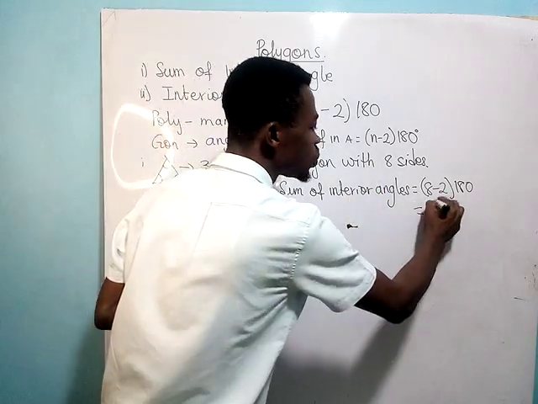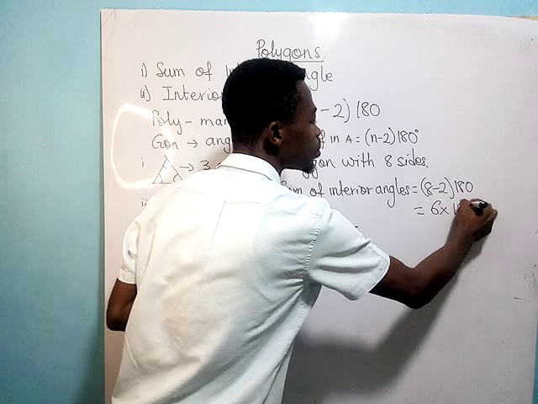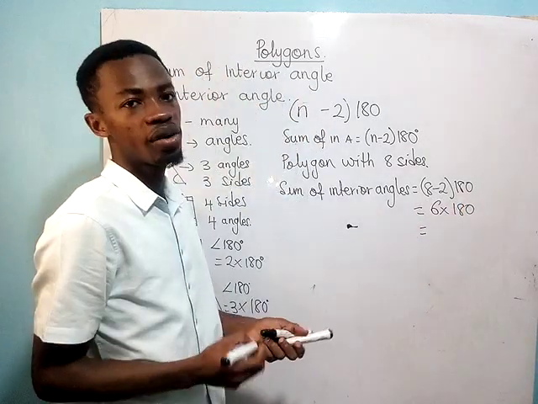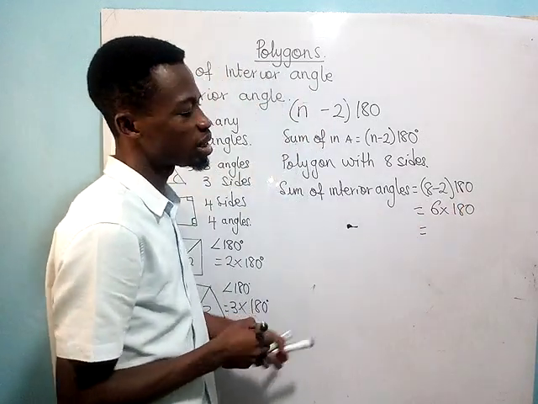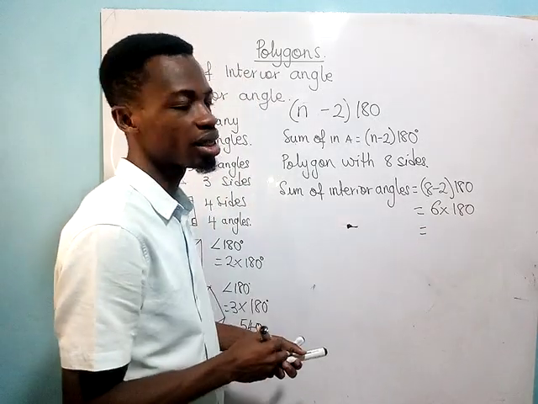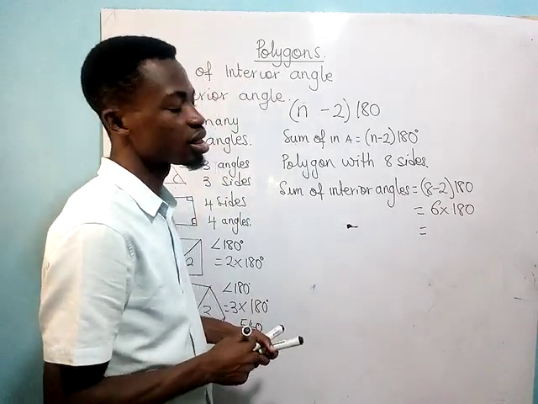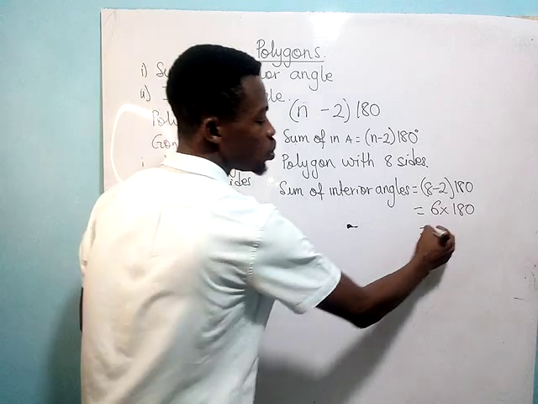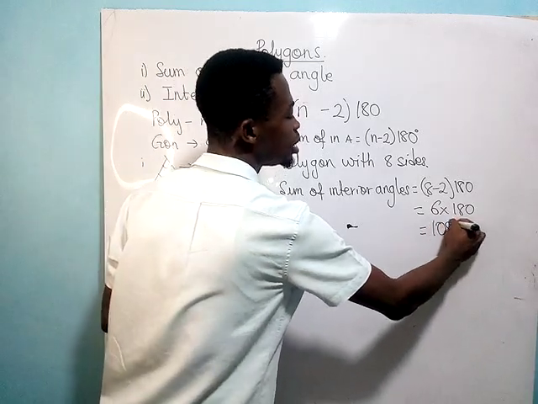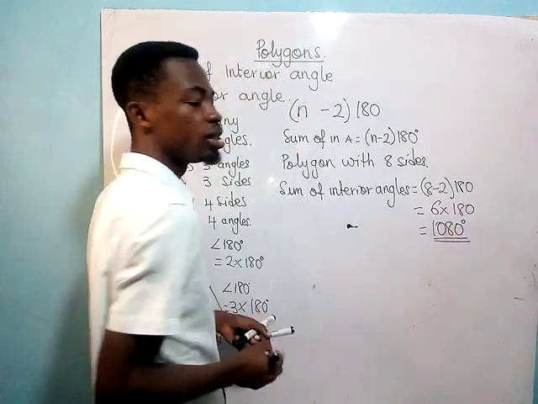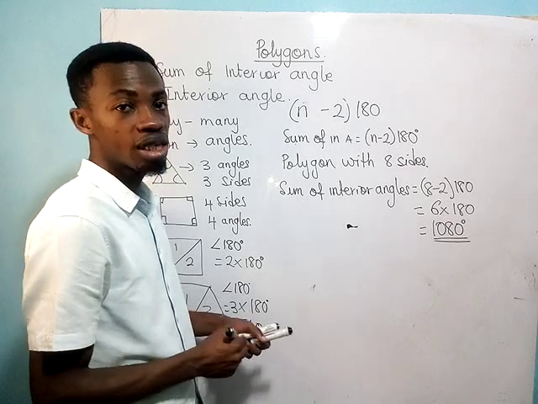And 8 minus 2 is 6, times 180. So let's multiply. 6 times 100 is 600. 6 times 80 is 480. So we have 1080 degrees. This becomes the sum of interior angles.